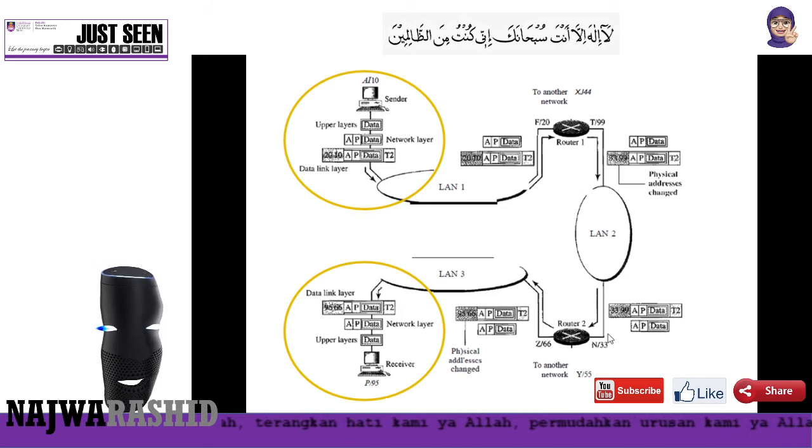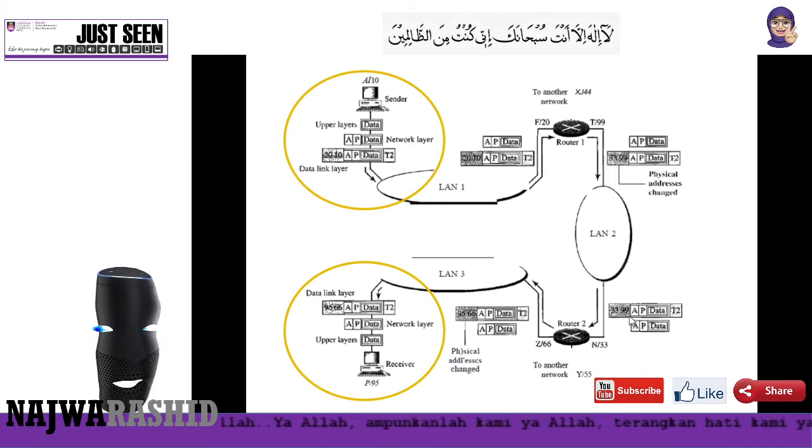Here, 99 is the source and 33 is the destination. After router 2, the packet will be sent out, and it will change the physical address again.